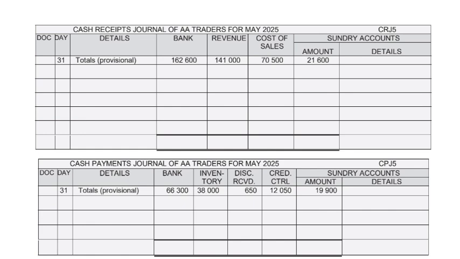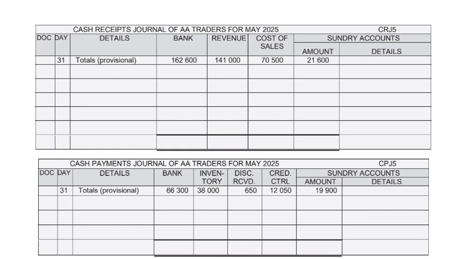Then under bank, revenue, cost of sales and sundries, these amounts 162,600, 141,000, 70,500 and 21,600 are derived from your question paper under additional information number 2. Right at the bottom of your cash receipts journal was your closing totals for bank, revenue, cost of sales and sundries. So that's your starting point.